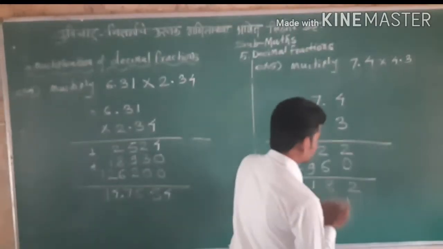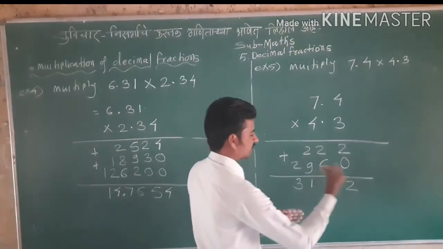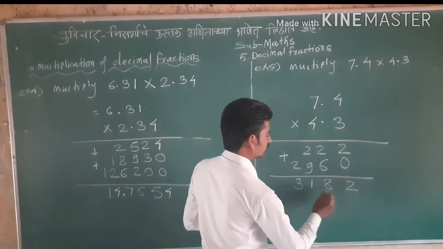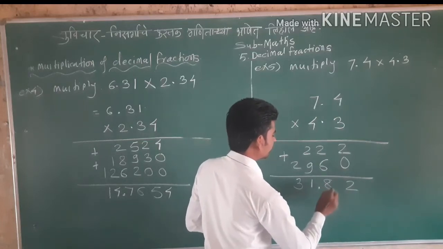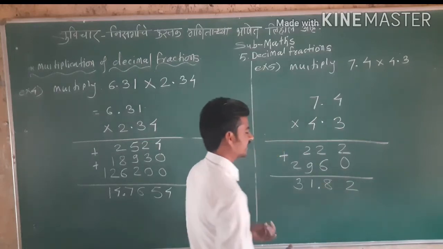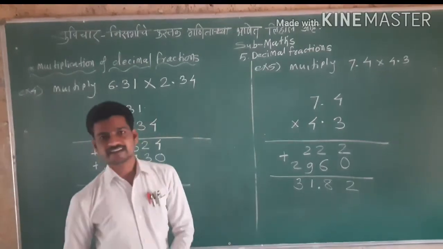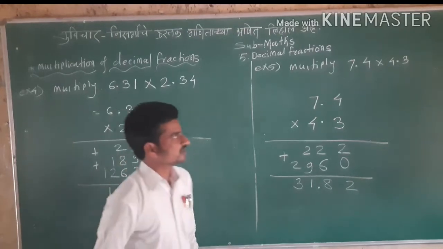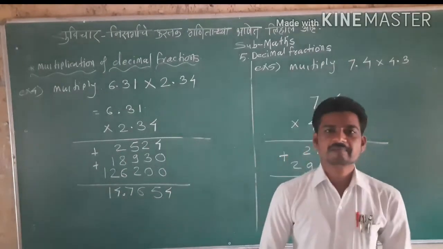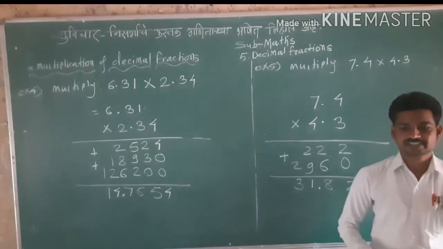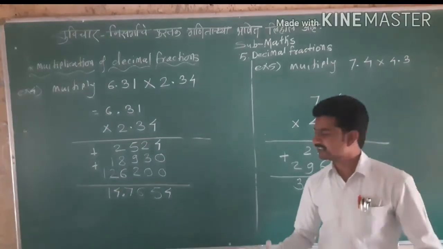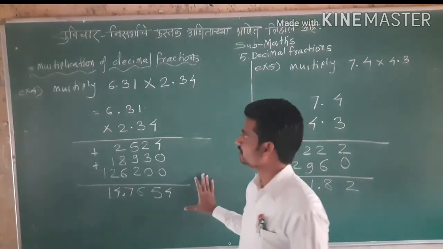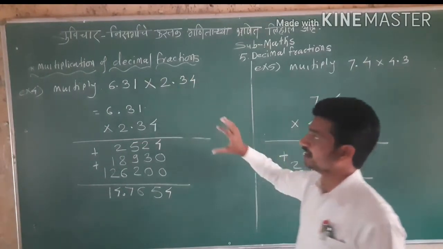So count 2 places from right to left and put the decimal point before it. So we get the answer 31.82. This is how we solve examples of multiplication of decimal fractions. I hope all of you understand very well the examples of multiplication of decimal fractions.